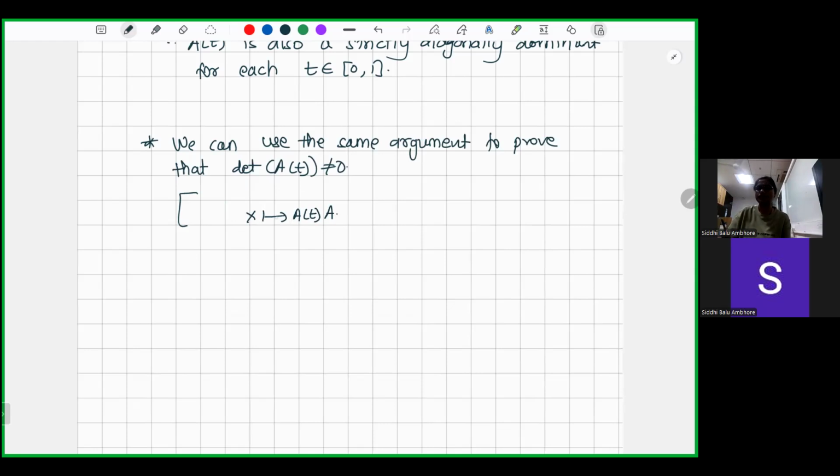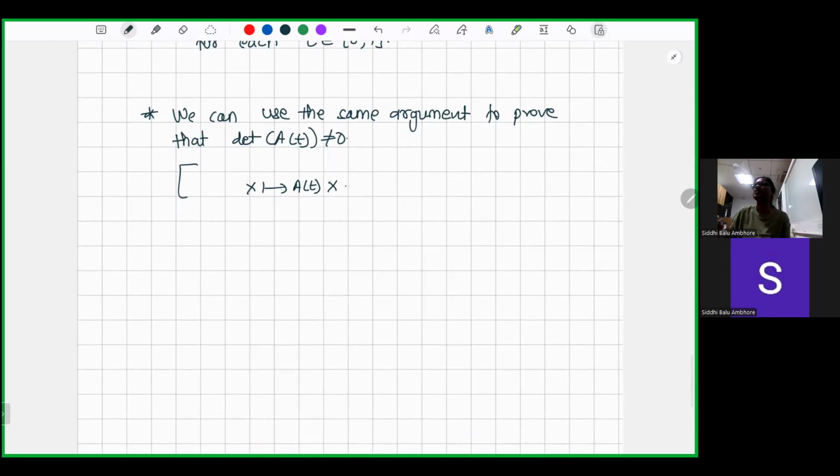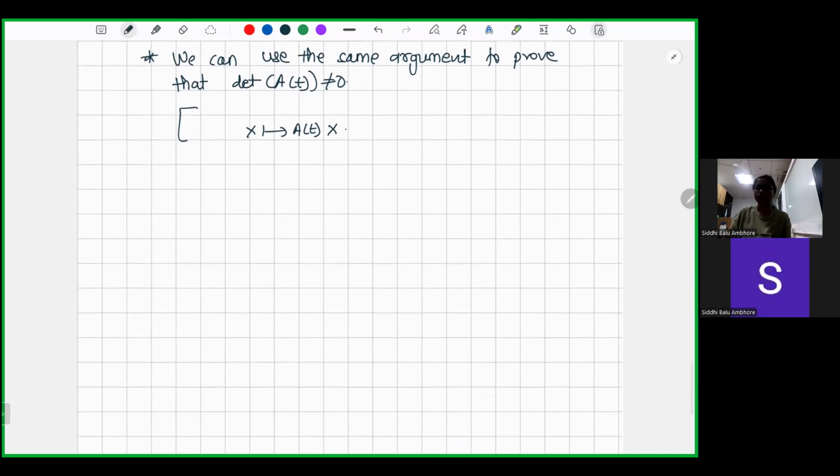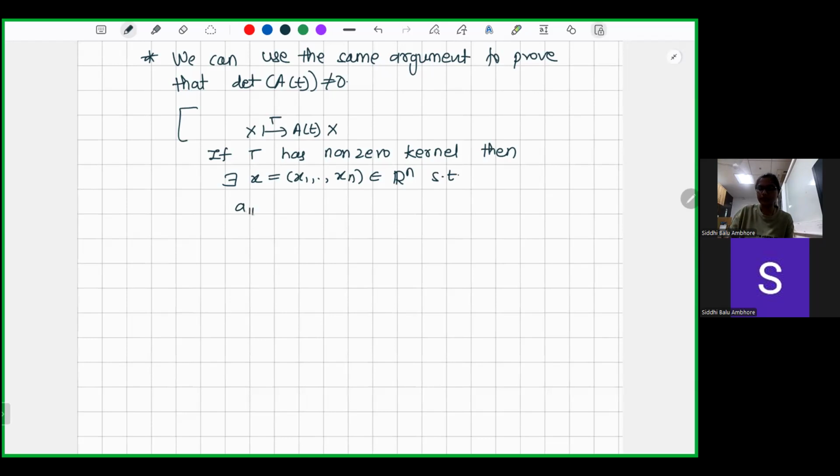If I call this linear transformation T, and T has a non-zero kernel, then there exists x_1 to x_n in R^n such that A_t x becomes the zero vector.